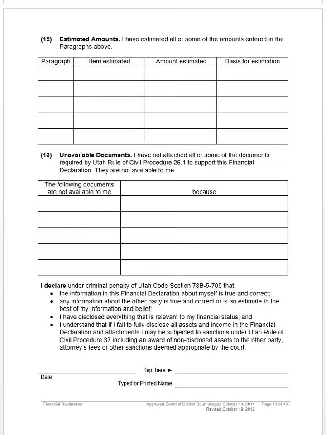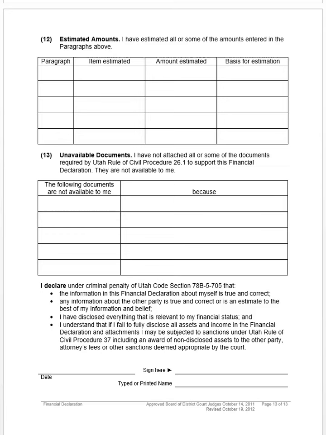Look at the bottom of this page. You are declaring under the penalty of perjury that the information you provide in your financial declaration is complete and accurate to the best of your knowledge, and that you've done your best to provide an accurate picture to the court, and that you've fully disclosed everything to the best of your ability. Once that's done, if you're representing yourself, you would actually physically sign and date that, and then submit that to your spouse with a certificate of service being filed with the court saying, I'm not filing my financial declaration with the court.